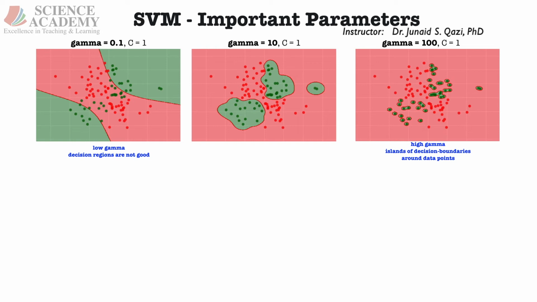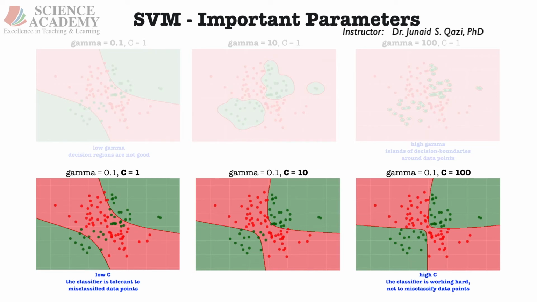So, for a large value of gamma, the radius of the area of influence of the support vector only includes the support vector itself, and no amount of regularization with C will be able to prevent overfitting.